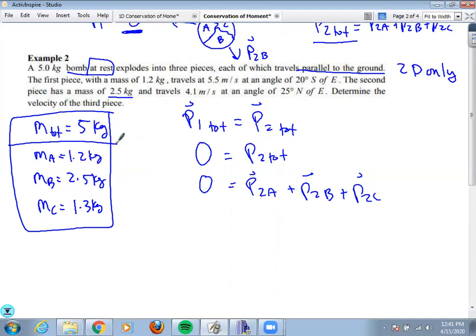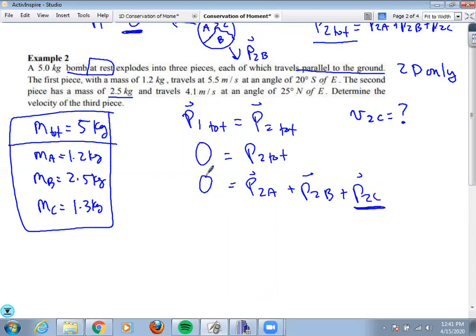All right, so what velocities do we know? We know the velocity of A after the explosion, 5.5 meters per second. We know the second one for B, 4.1 meters per second. We want to find the final velocity of the third piece. So the unknown is V2C. To get V2C, we need the final momentum of C. So essentially, we're solving for P2C.